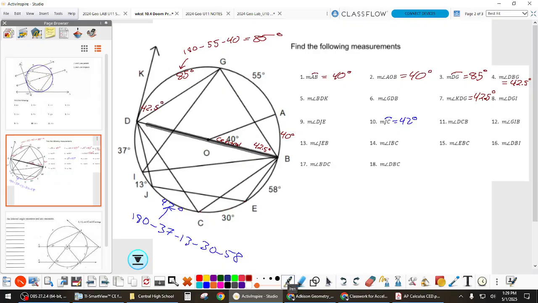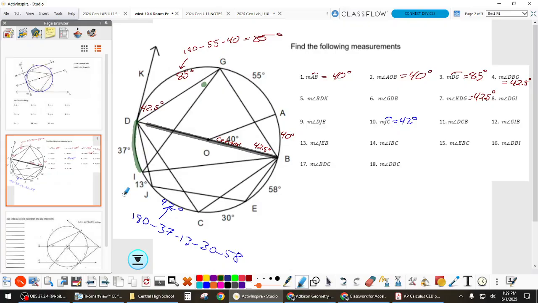Okay. How about this angle? Or this arc, I mean, and that angle. Do you see a relationship? What kind of angle is, well, what's the name of the green dot angle? DGI or IGD, either one.